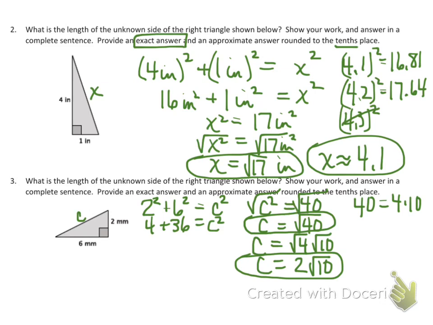Is it closer to 36 or 49? It's closer to 36, so it's going to be closer to 6. So I would start with maybe 6.2, 6.3, checking these squares. And we might need to check one more. So do those on your calculator and see what you find.